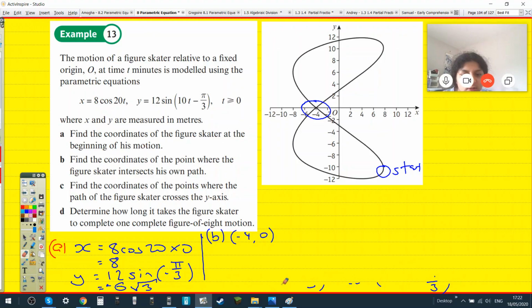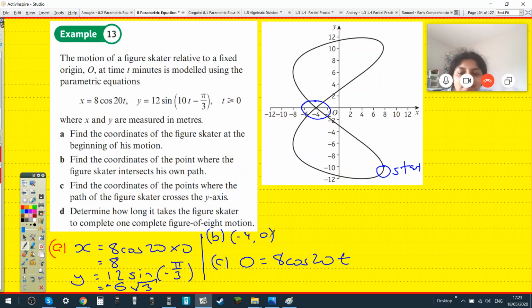C. So that's when x is 0 in part C. Yeah, there you go. Okay. Now you'll get the practice. So 8 cos 20t is equal to 0. I think. Yep. So then you divide by 8.